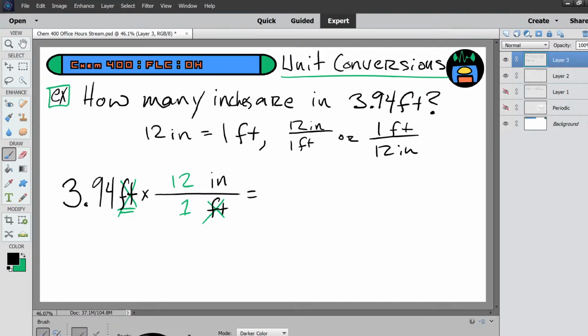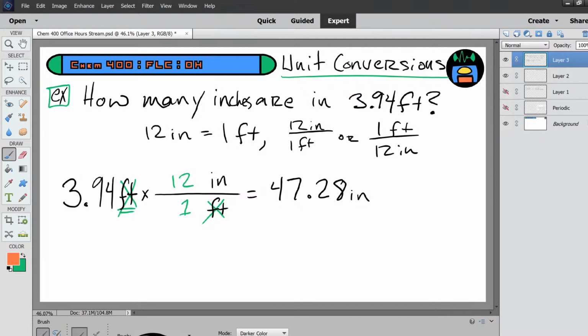Now, opening up the calculator, 3.94 times 12 divided by 1. The value my calculator is giving me is 47.28, all right? That is the correct value. The correct units are inches, but we need to ask ourselves, how many sig figs can we keep?